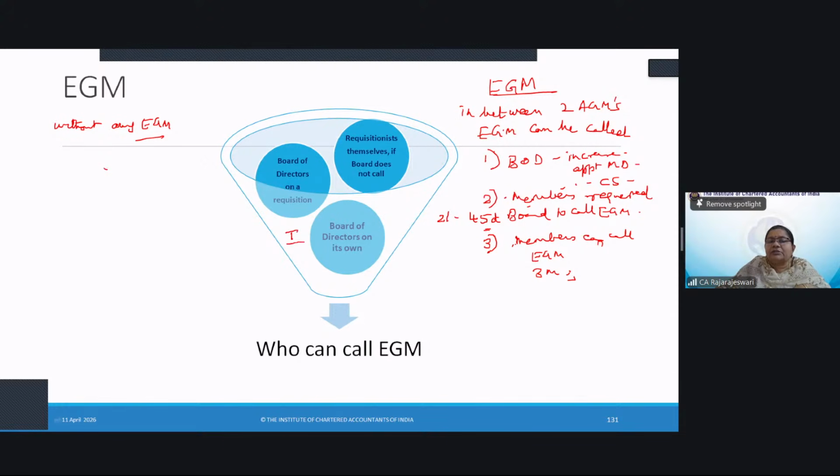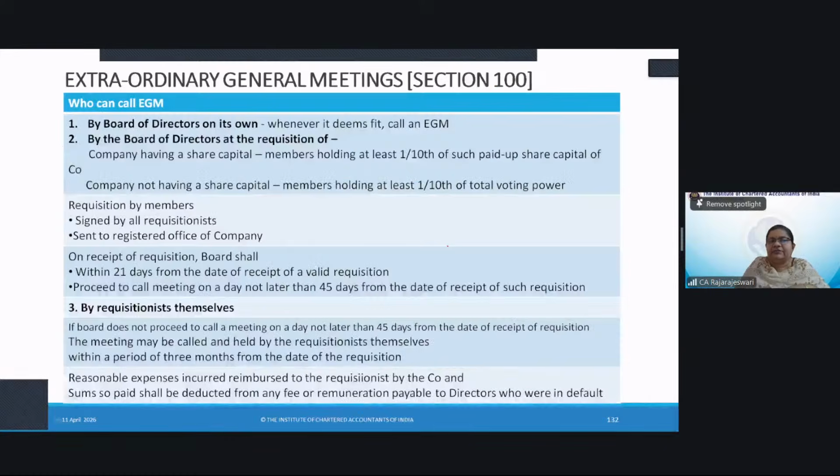So first, the board of directors on its own, then the board of directors on a requisition from the members, or if they have failed to call an EGM, then the requisitionists themselves can call the EGM. Only if the board does not, then three options are there. So an EGM can be called by any of these persons. We will see one by one.